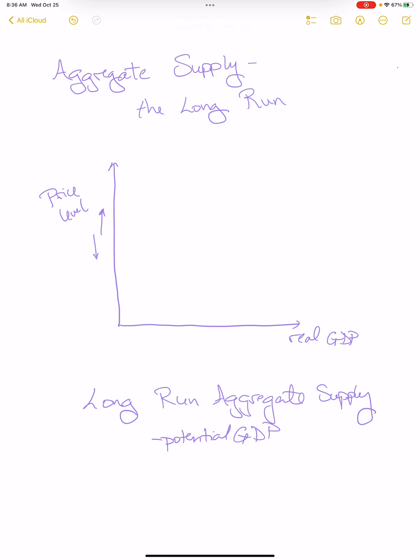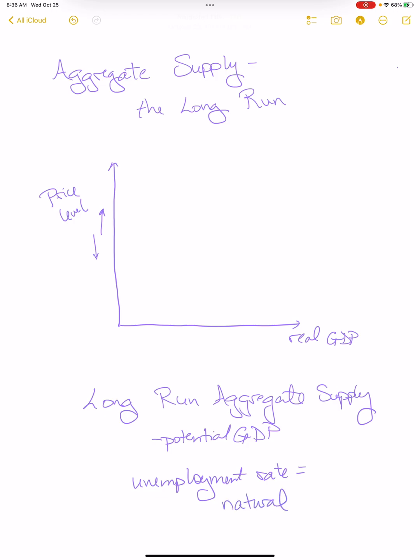The only thing I do want to mention as a little caveat is that being at potential does not mean that we have 0% unemployment. It does not mean that everybody is working. It means that we have an unemployment rate equal to what we referred to as the natural rate of unemployment.